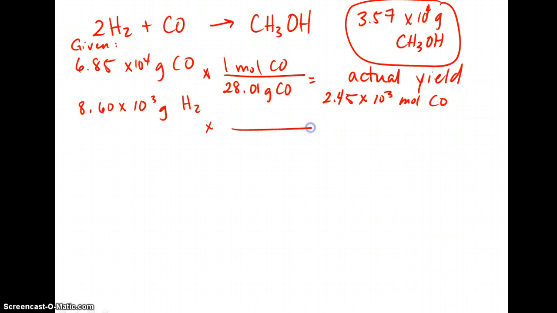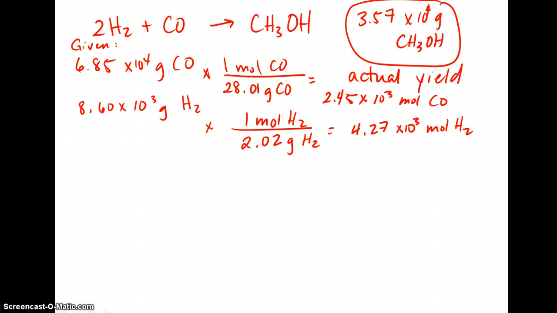For our hydrogen, keep in mind it's H2, so we have 2.02 grams of H2 for every 1 mole of H2, and that works out to be 4.27 times 10 to the third moles of H2.